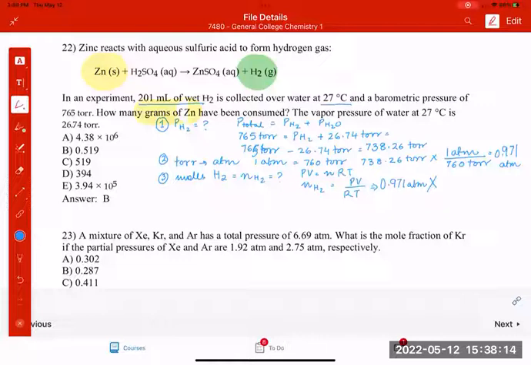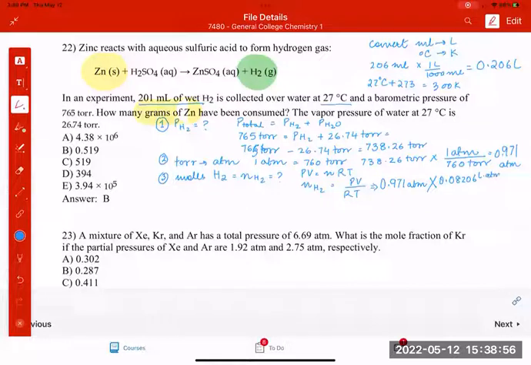Always do these conversions: milliliters to liters, degrees Celsius to Kelvin. 206 milliliters times 1 liter over 1000 milliliters gives you 0.206 liters, and 27 degrees Celsius plus 273 is equal to 300 K. Now we know the value of R, 0.08206 liters times atmosphere.